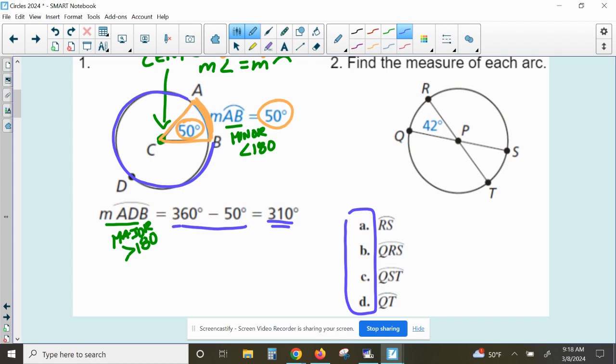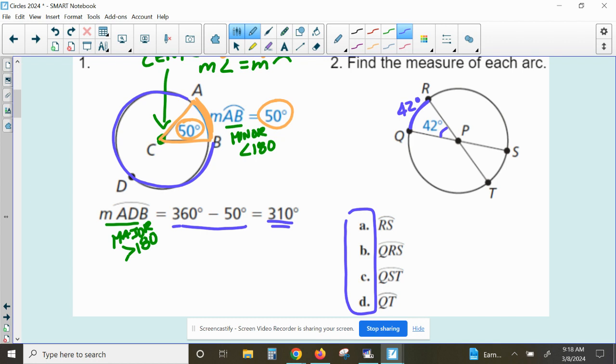So in this picture, we do have a 42-degree angle right here. So is that a central angle? Okay, it is central, so we know the arc and the angle are going to be the same, right? So if this was 42, what else has to be 42? This outside arc has to be 42 degrees. Okay, that's kind of the only thing they give us, right?